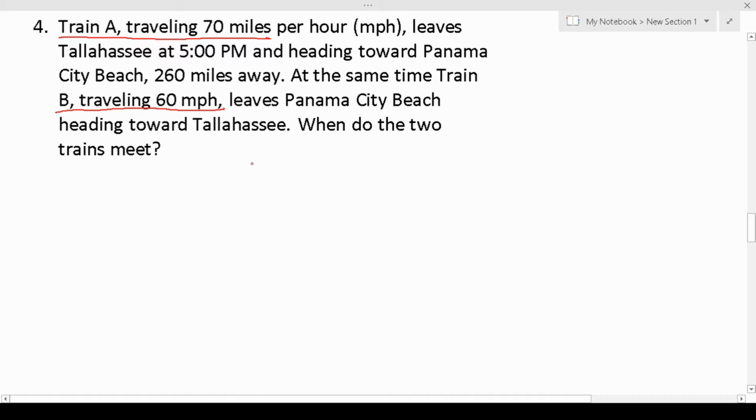So let's go ahead and think about what we're doing here. Let's say this is the 260 miles between Tallahassee and Panama City Beach. So let's call this one Tallahassee over here, and let's call this Panama City Beach over here. We know train A is heading from Tallahassee to Panama City Beach at a rate of 70 miles per hour.